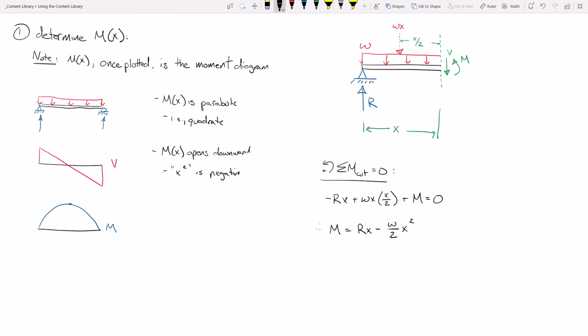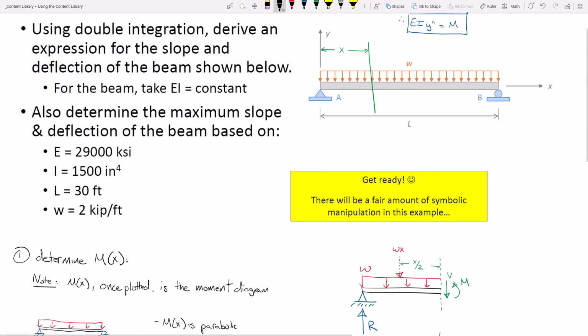The only thing left to do is figure out, well, what the heck is R? That's actually pretty easy. If I go back up to my original beam, the two R values are the same. How do we determine that? WL over 2. The total load, cut in half on either end.